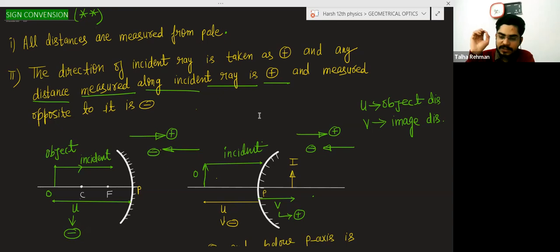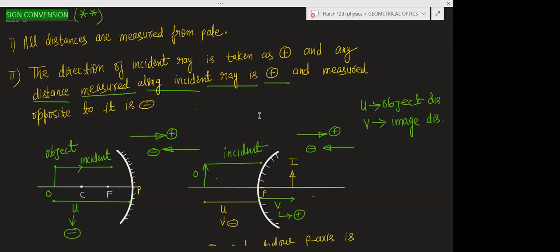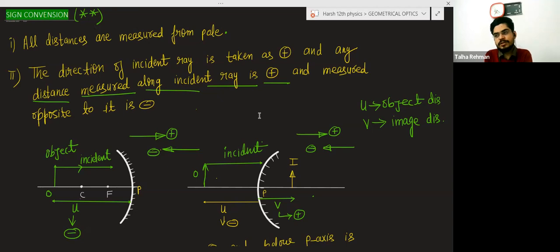So you can say the pole is just like an origin. In a coordinate axis, we have one origin, and all the distances we measure from the origin. So the pole will behave here like the origin.